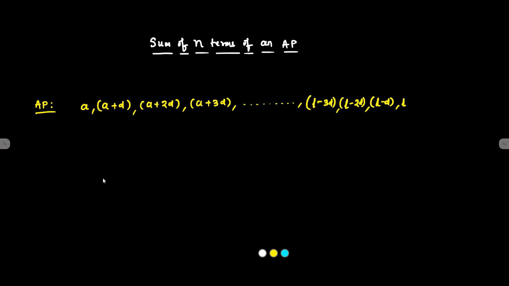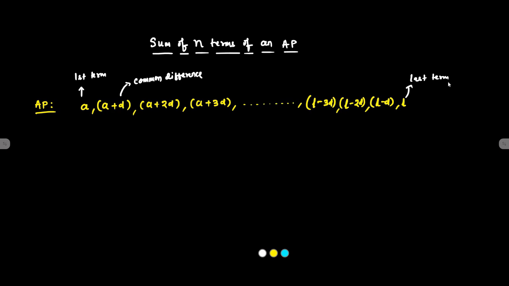a is the first term, d is the common difference, and l is the last term of the arithmetic progression.